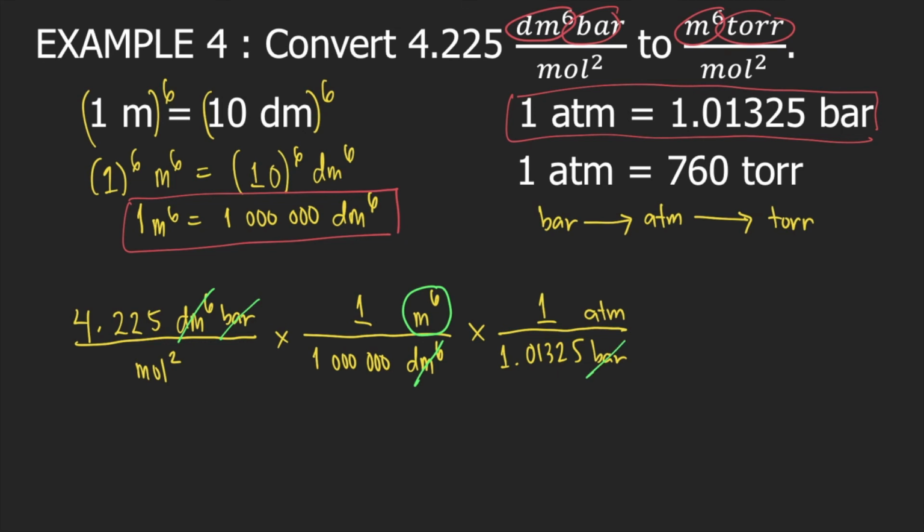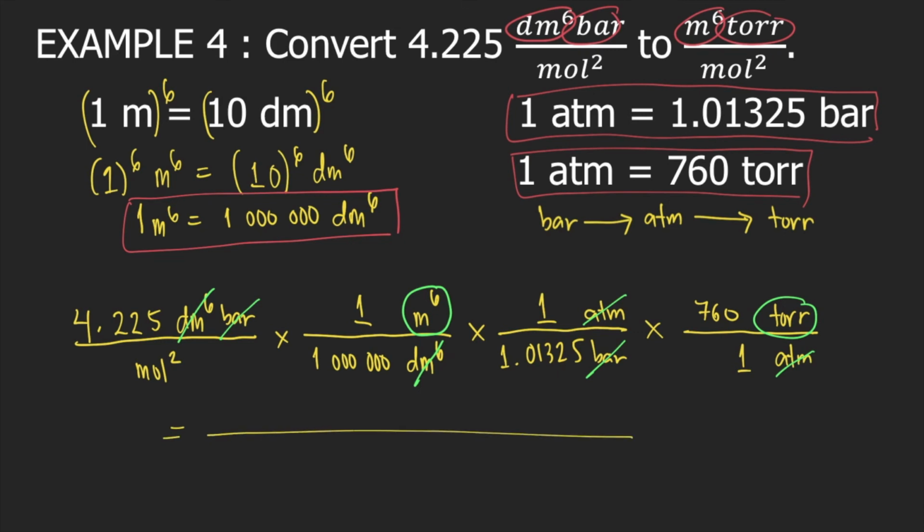Now we have atm. And to cancel atm, we put atm on the bottom and on top we put torr. According to the equivalence, 1 atm is equivalent to 760 torr. So atm will cancel and the unit becomes torr.